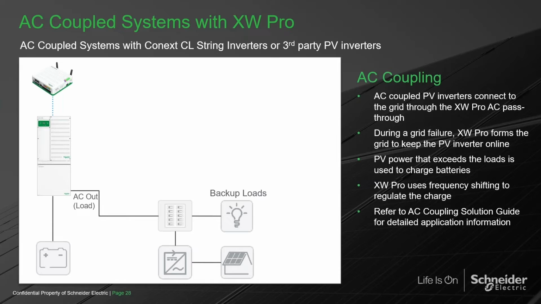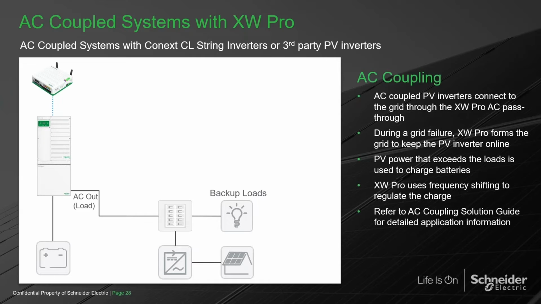Okay? So now the XW Pro is in charge of creating the sine wave. It needs to create the voltage and the frequency, and it will do that on its output. So within 8 milliseconds, the loads here in the backup load panel are already being served by the XW Pro and its batteries.